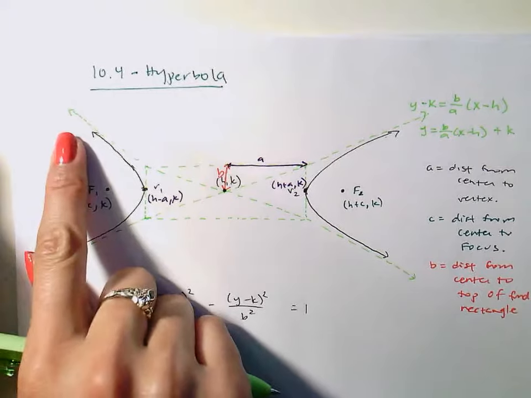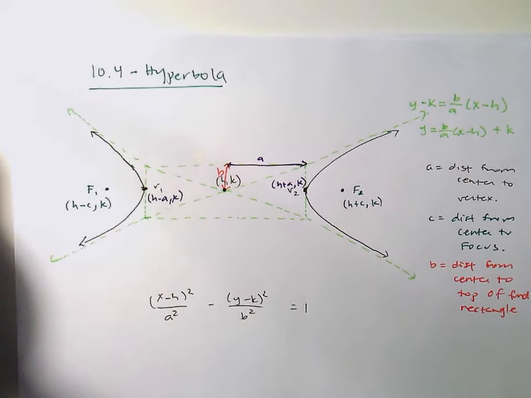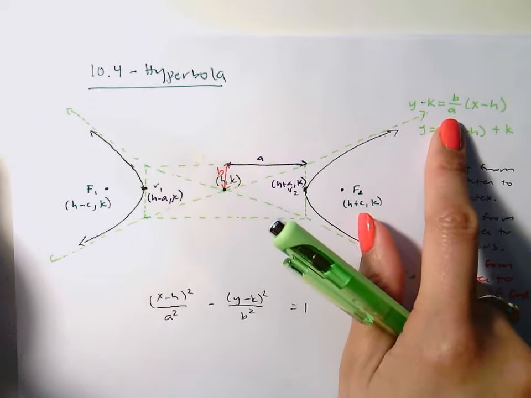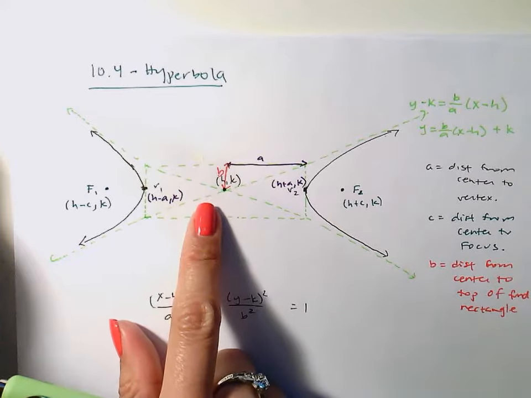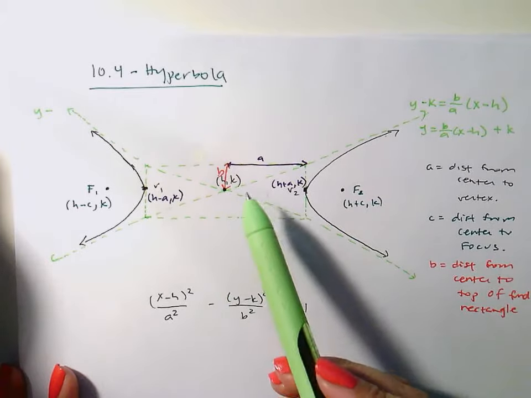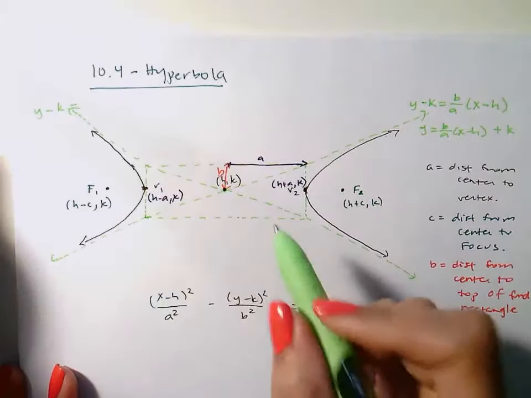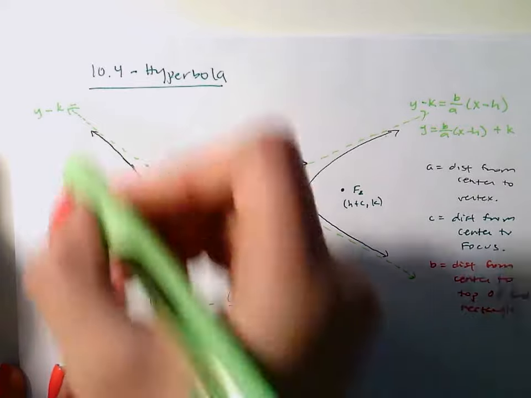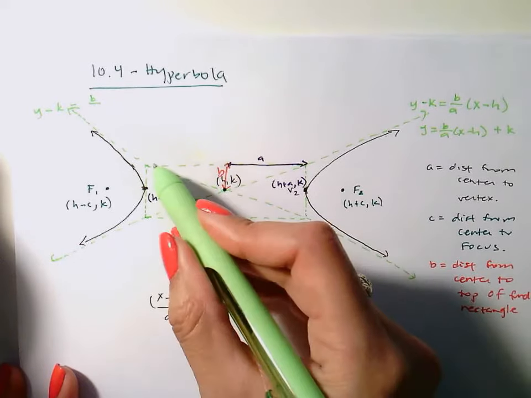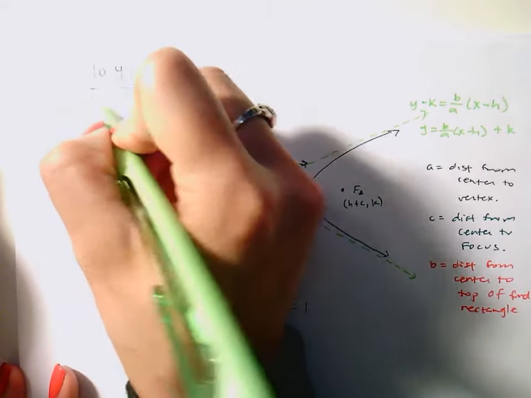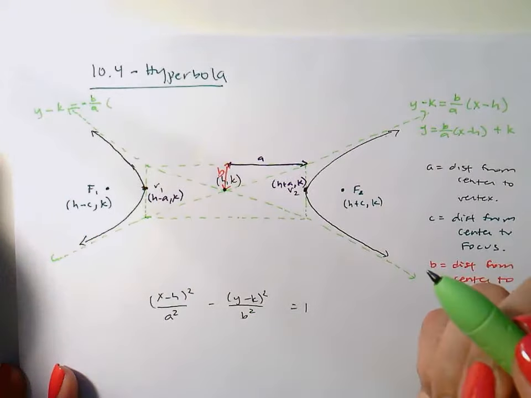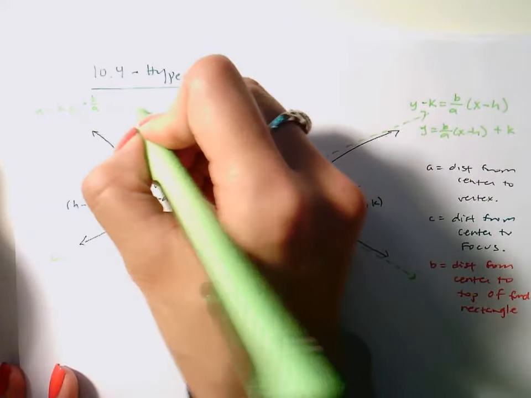Now if I wanted to find the equation of this line, this one's going down from left to right. So the only difference between this line and this one is that we're going to have a negative slope. So let's go ahead and try to use the rise over run for this one. So it's going to be y minus y1, so y minus k equals m, which is rise over run, rise is b, so this is equal to b over run, and run is now negative a, so you go to the left by a, which means that it's going to be a negative b over a, or b over negative a, which is the same thing, times x minus x1, and x minus x1 becomes x minus h.